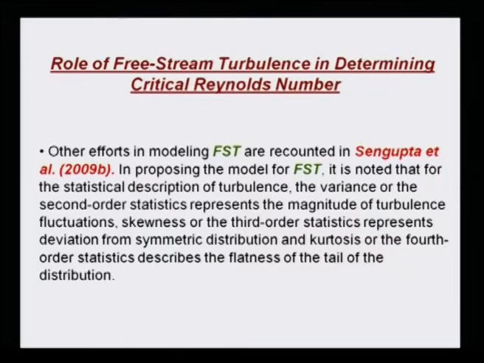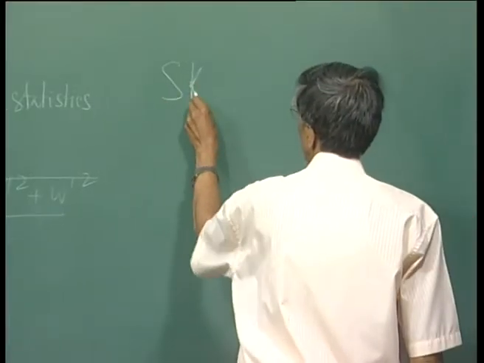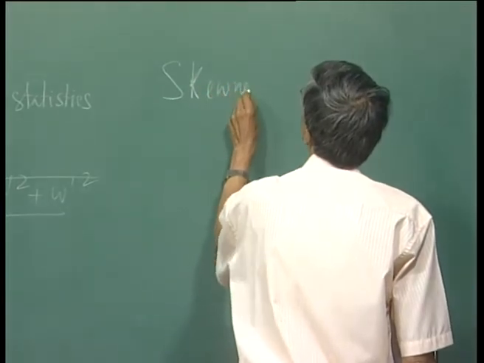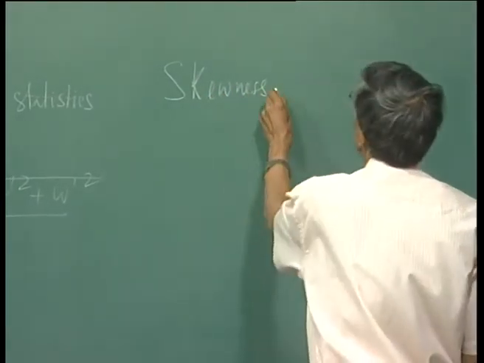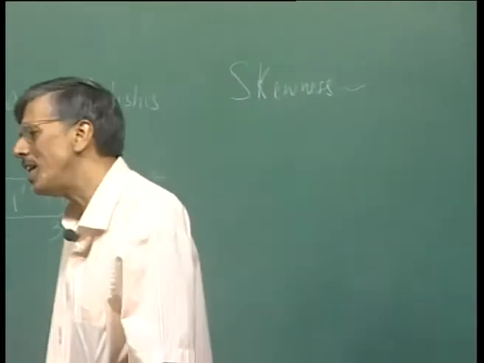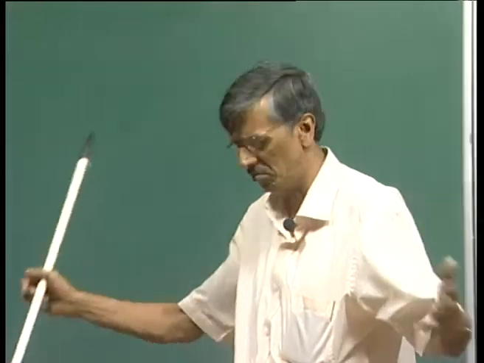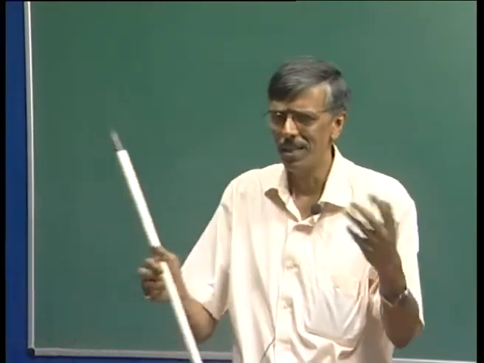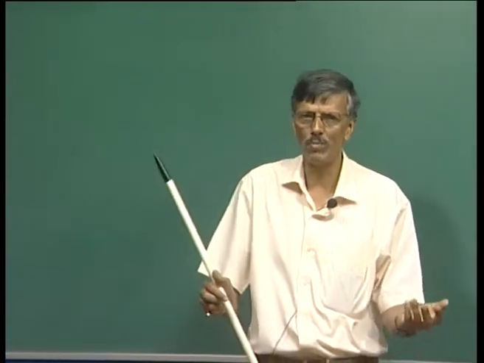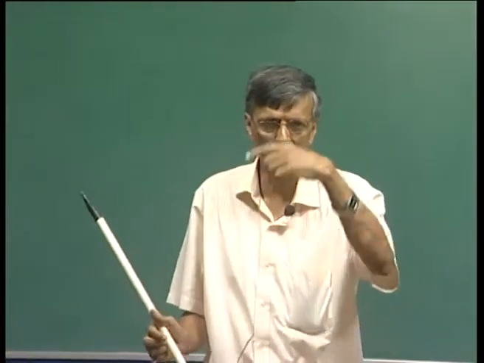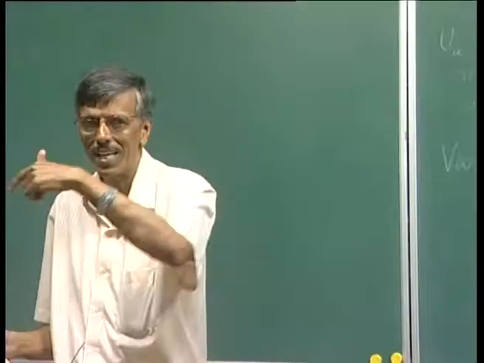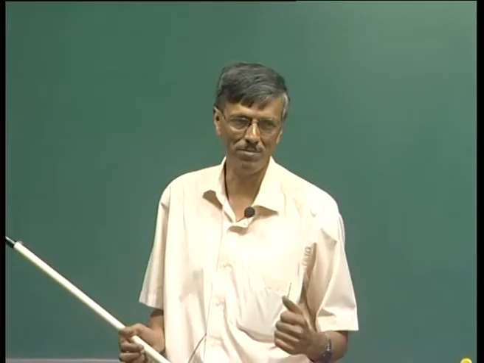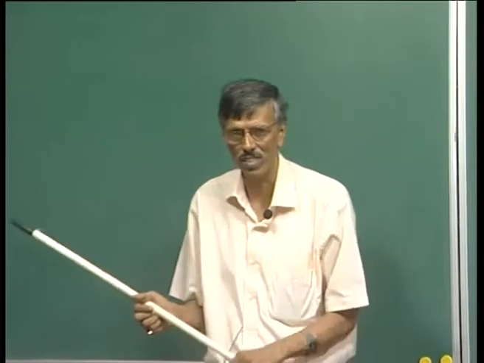Now, what happens to the other statistics? We can talk about the third order statistics, which is called the skewness. If the statistics was truly a combination of an infinite number of sources, they would have all worked independently. Then through the central limit theorem, we would have seen the probability distribution function of these variations be like a pure bell curve, like Gaussian, perfectly symmetric.